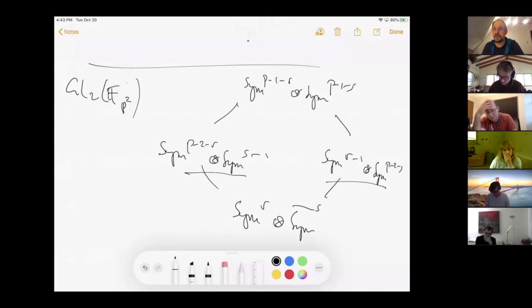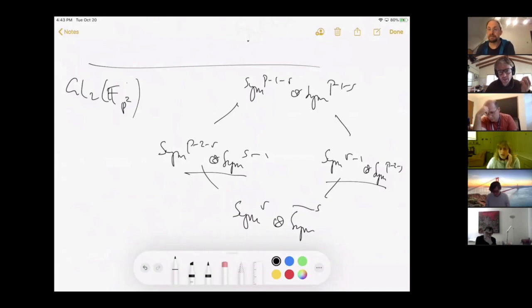They're not related to either. The principal series can be described as a principal series of one weight that has to do with R and S, or with some Weyl group flipped weight that has to do with p minus 1 minus R and p minus 1 minus S. But the characteristic zero principal series doesn't have any obvious connection to those middle weights, but they're what appear in the reduction of a principal series lattice.